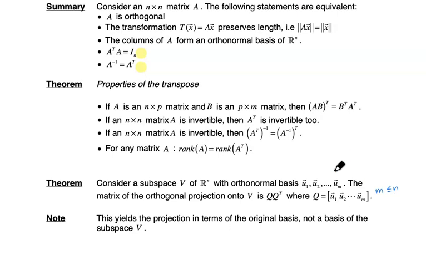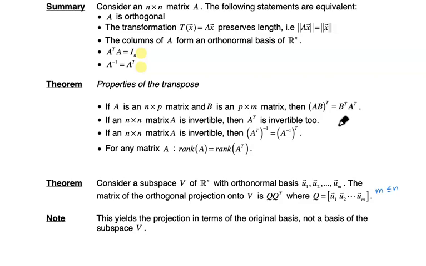A few additional properties of the transpose that we do not prove: the transpose of A times B is B^T A^T. Notice that it flips the order of A and B. If A is invertible, then A^T is invertible too.